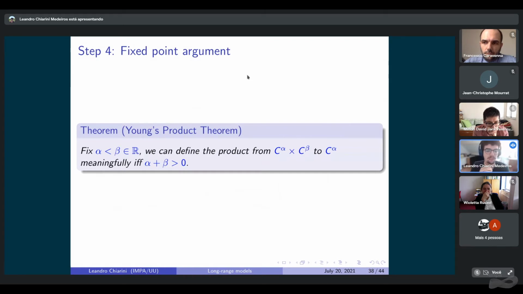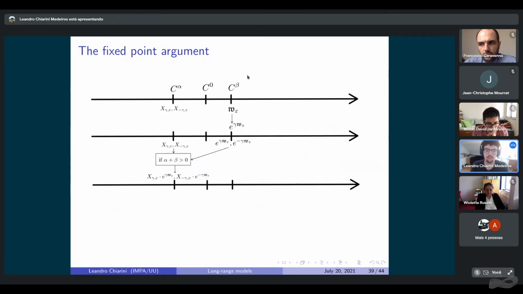It basically means that it extends the pointwise multiplication and that it's continuous between those two spaces, as long as the sum of the two regularities is bigger than 0. So coming back to our map, as long as alpha plus beta is bigger than 0, we can make sense of both of those products. The product of this X gamma epsilon and this e to the gamma W epsilon, and the other one as well.